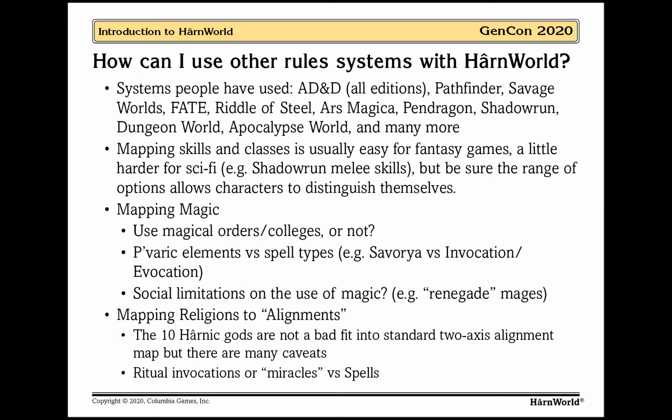Lorani is the goddess of chivalry and feudalism and defending the poor and the meek. So that maps perfectly to lawful good. I think that does a little bit of a disservice to the religions because they're more nuanced than that. But if you just want to use what's there, it's a very easy fit.